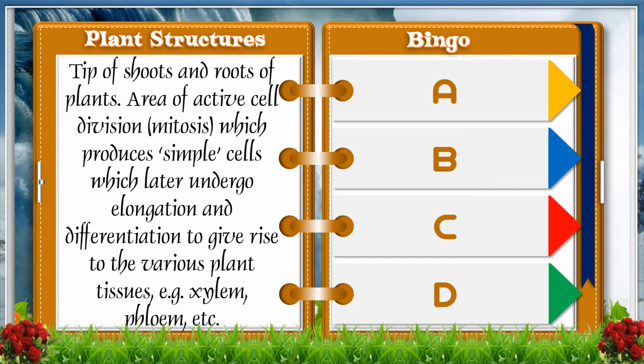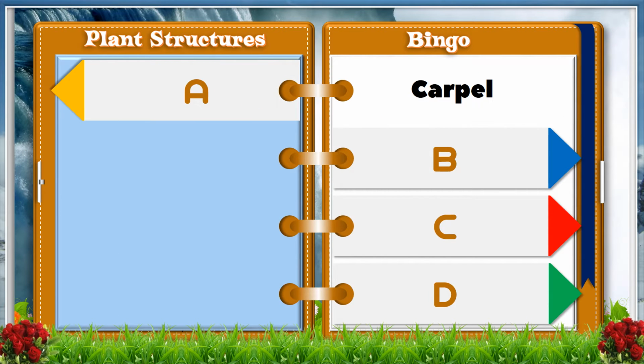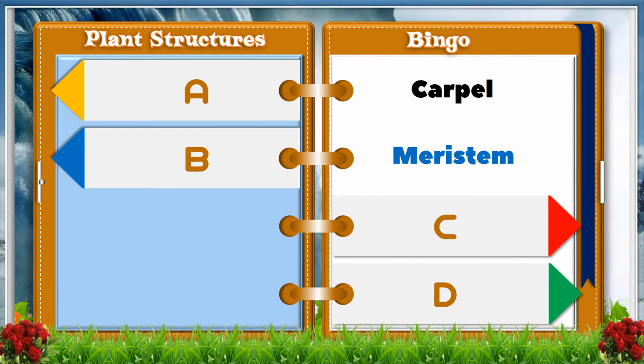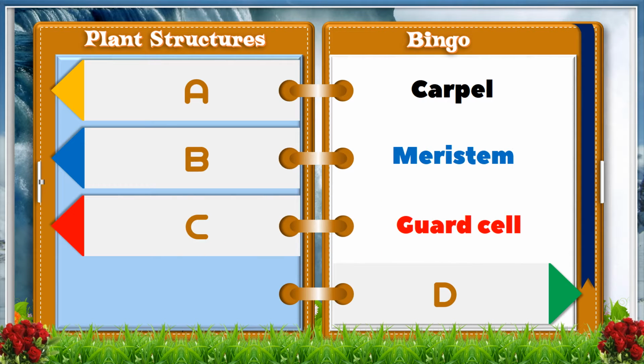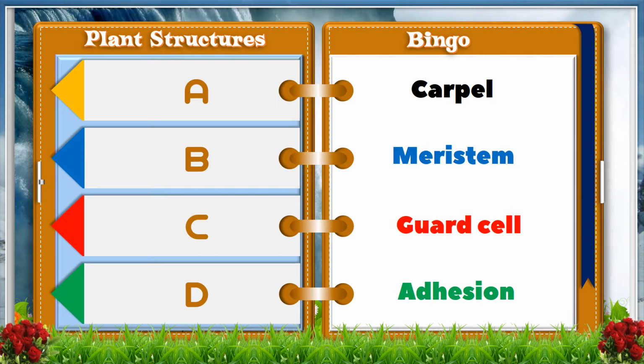For example, xylem, phloem, etc. A. Carpel. B. Meristem. C. Guard cell. D. Adhesion. And the answer is B. Meristem.